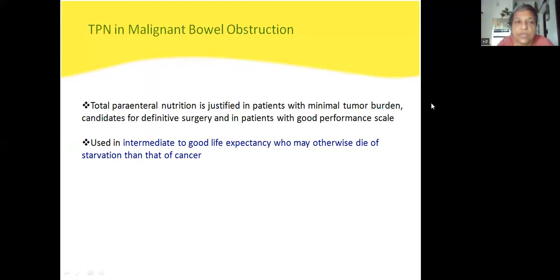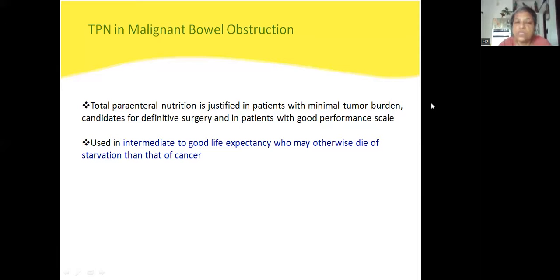Now, total parenteral nutrition is justified in patients with minimal tumor burden, candidates who are definite for surgery, and patients with good performance scale. Say the patient can be operated and is also doing well. In those cases, they can have total parenteral nutrition.